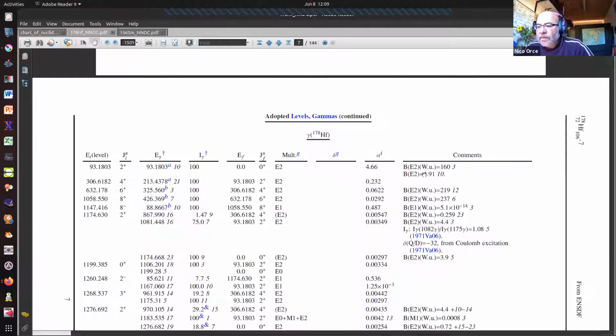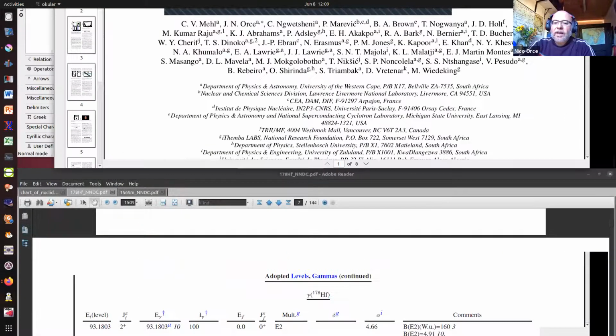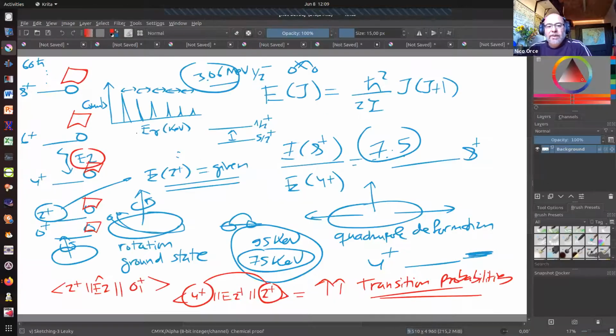So this large number, 160 versus 1, is an effect of having the nucleus doing the same thing, as we can see here, right? The nucleus is doing the same thing because the wave function of the 6 plus looks very similar to the wave function of the 8 plus, the 4 plus, the 2 plus, and 0 plus.